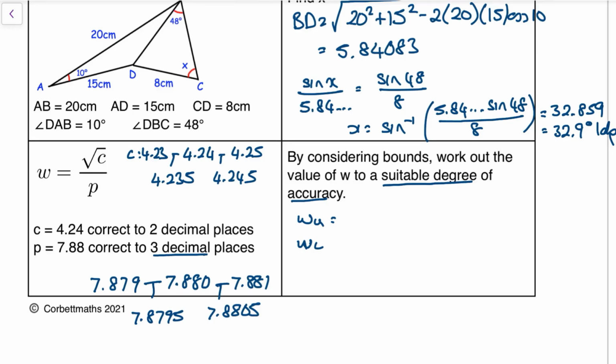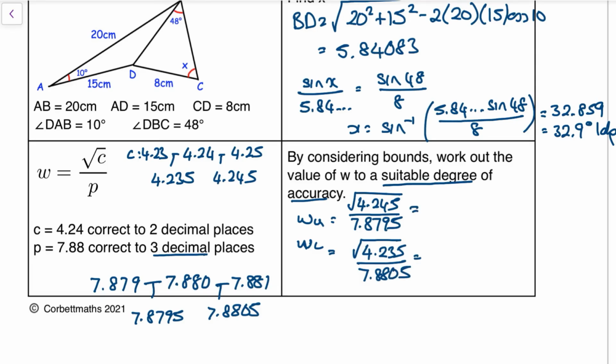So W upper is going to be the maximum C, which is 4.245 square rooted, over, what am I doing? Over, I want the biggest number, so the smallest value of P, which is 7.8795. Hopefully you're following along, 7.8795. And the lowest value is going to be the smallest value of C, which is 4.235, divided by the biggest value of P, which is 7.8805.